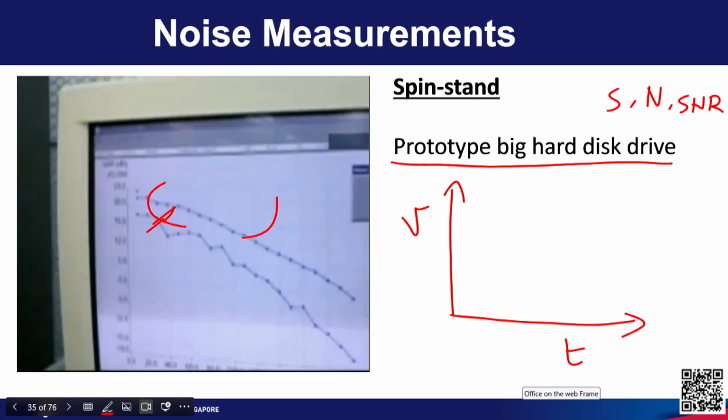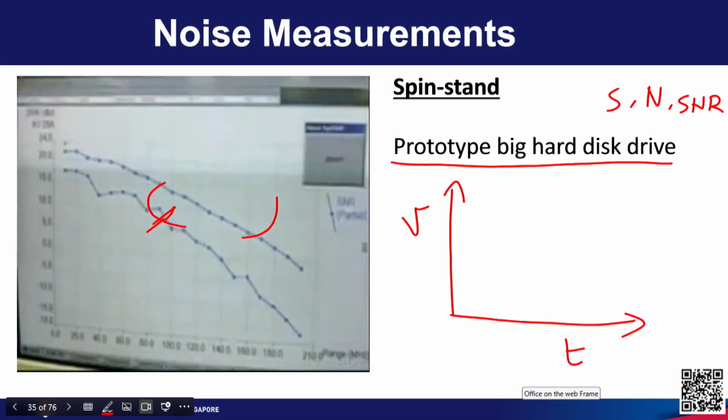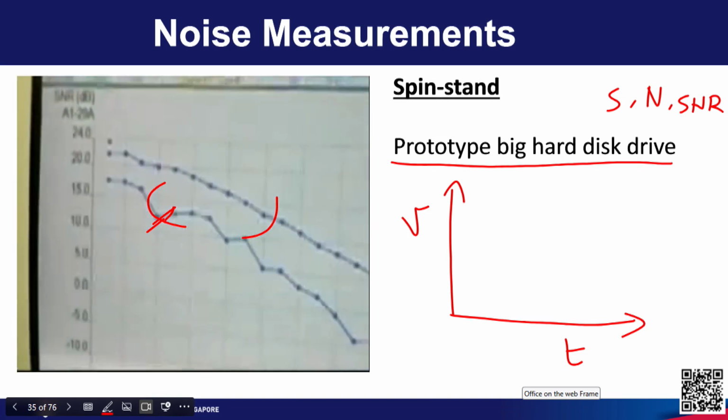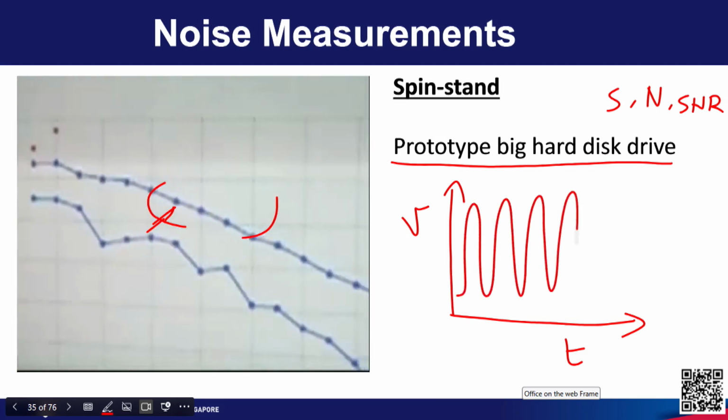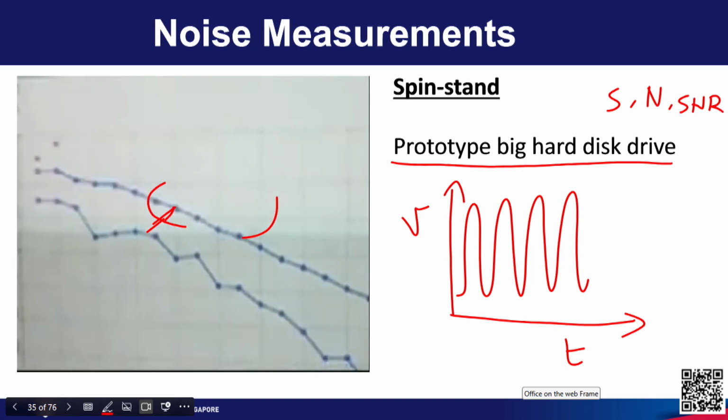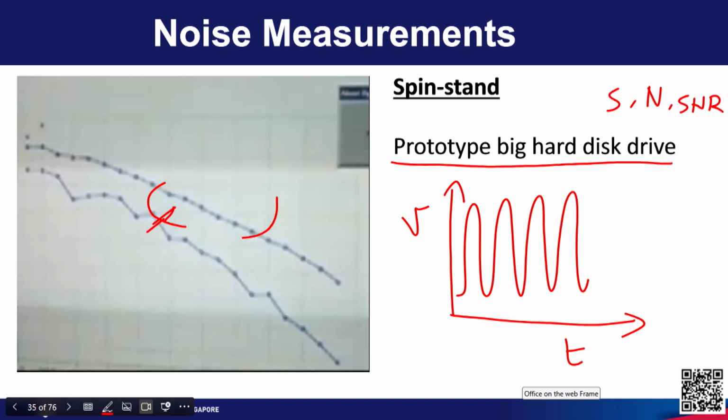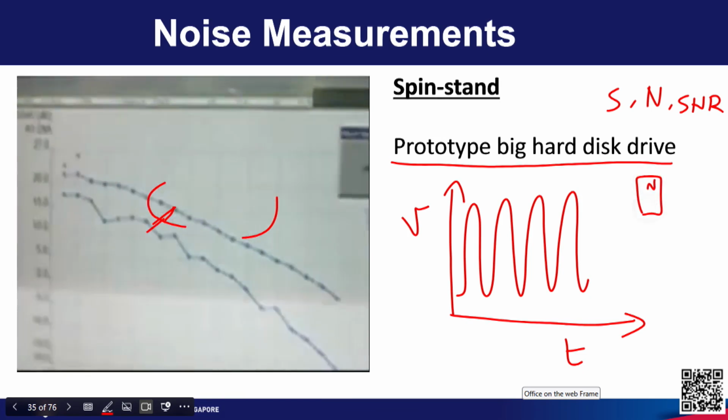The sensor converts the magnetic flux into voltage, and that is what you saw. So, the pulses are like this. This is coming from a perpendicular recording disc, where the magnets are like north south.